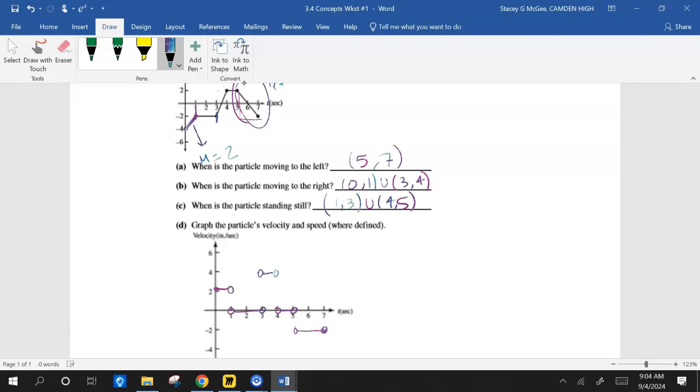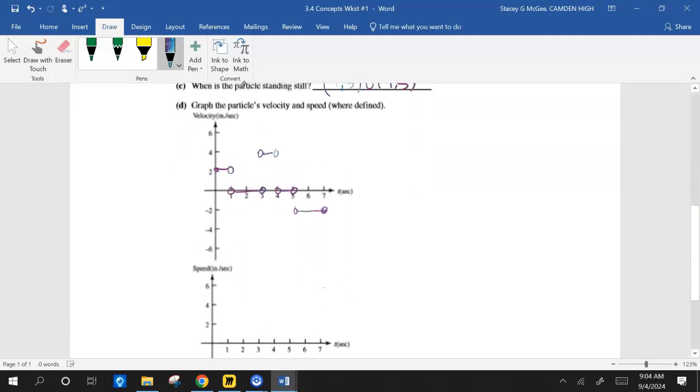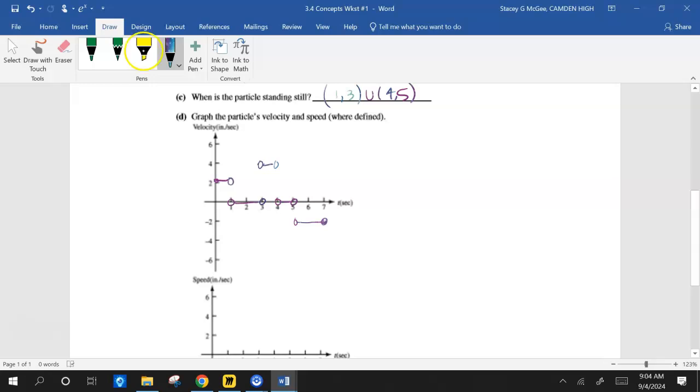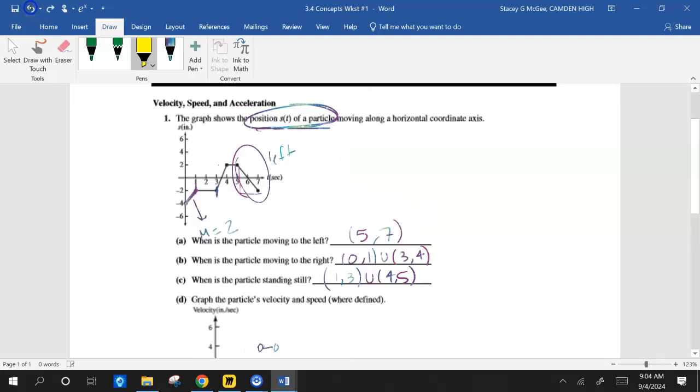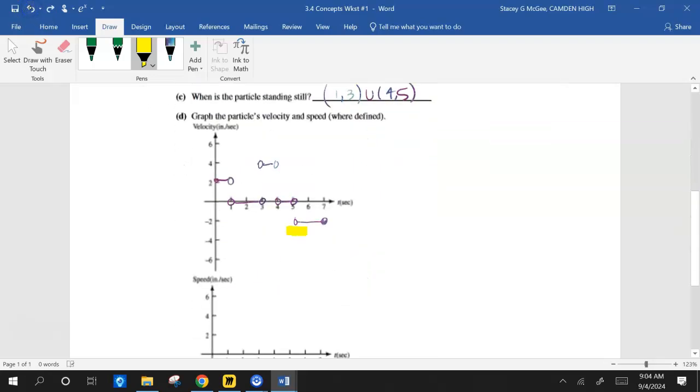The only way that speed changes here is this piece. Whoa, that's right. This piece, yeah. Where's 2? It comes up here. That's speed. What's the difference?